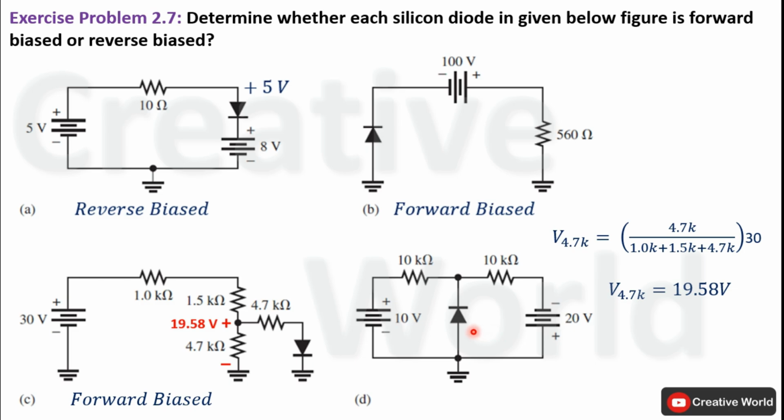In this case, it is also satisfied because the voltage of this source is 20 volt while the potential barrier of a silicon diode is only 0.7 volt. So we can say that this diode will be in conducting mode and it will be considered a forward biased diode. So this was all about exercise problem number 2.7.